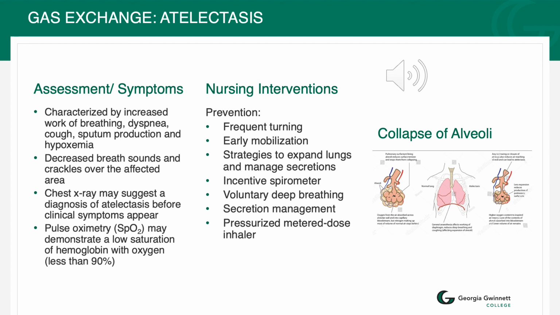So deep breathing, trying to get rid of their secretions, whether that's suctioning or having them expectorate with a forceful cough. And sometimes they'll need an inhaler, depending on what the cause is, to get those bronchioles open and kind of force those alveoli to start inflating again.